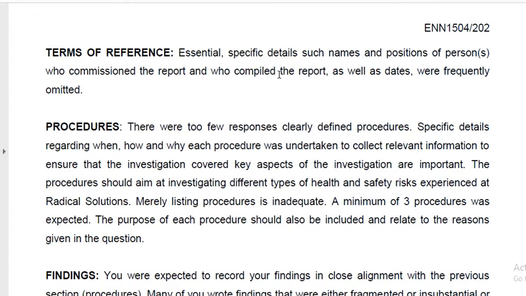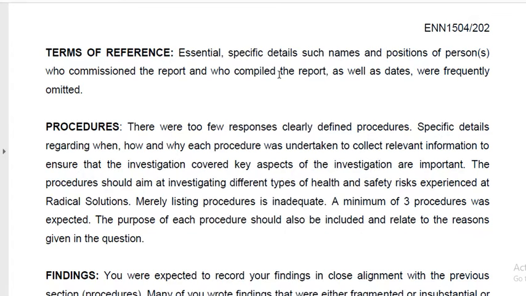Merely listing procedures is inadequate. A minimum of 3 procedures was expected. The purpose of each procedure should also be included and relate to the reasons given in the question. Remember that on our question paper, we are required to write 4 or 5 procedures, not this minimum of 3. This one is an old memo, so don't mind that one.